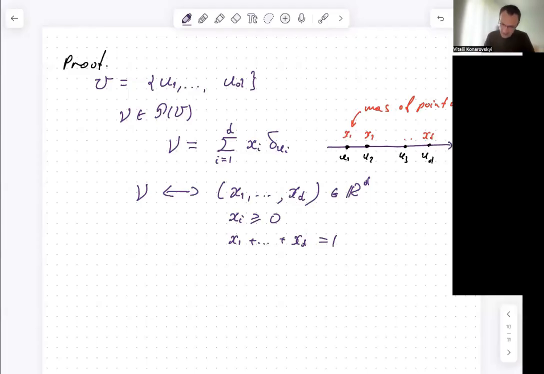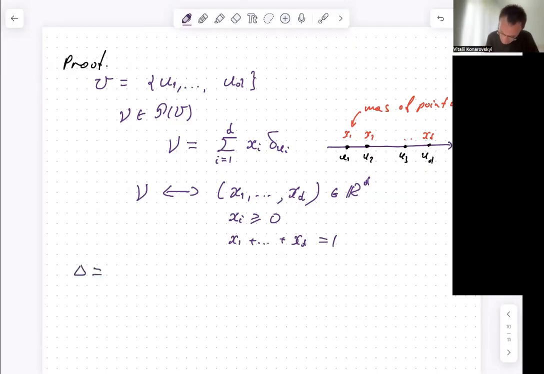And then this identification can be done one-to-one. If you have a measure, then of course you have a vector in Rd which satisfies that property, and in the inverse way, if you have x1 to xd satisfying this property, by such a formula you can build a probability measure on U. I hope it is now clear what we want to do and what we will consider.